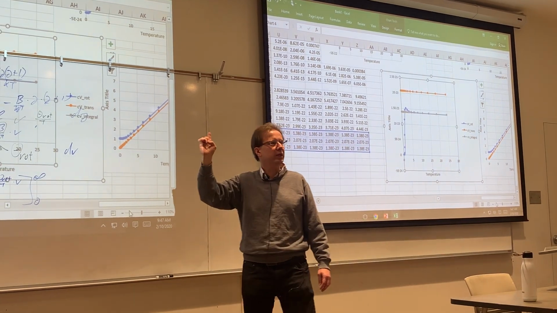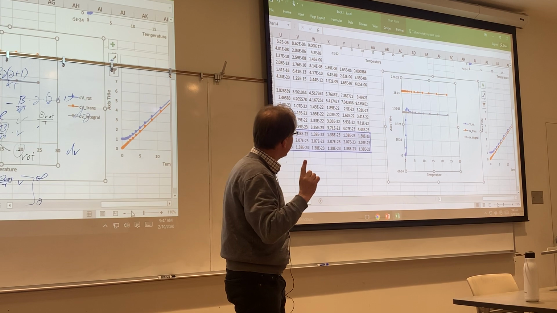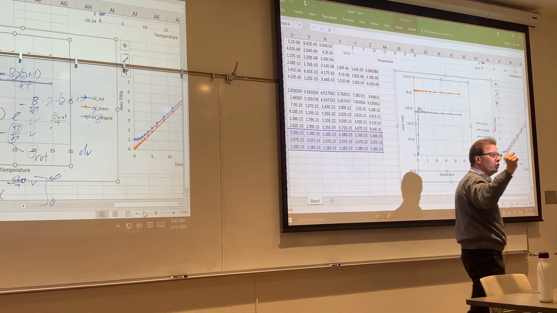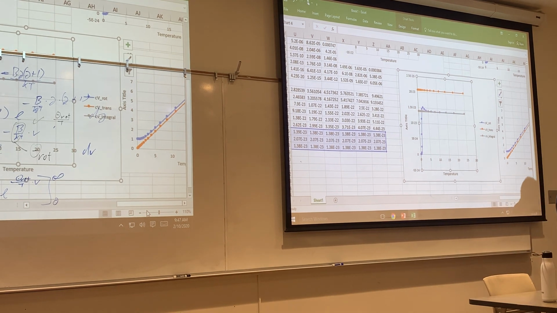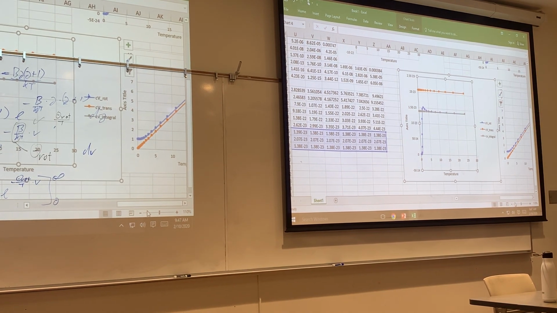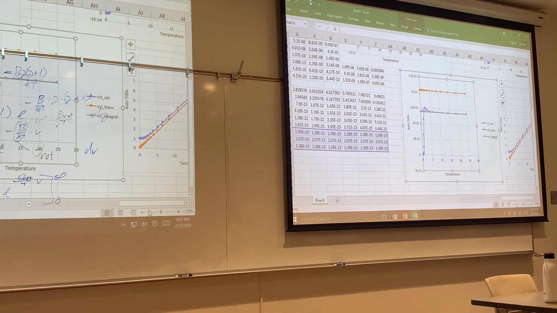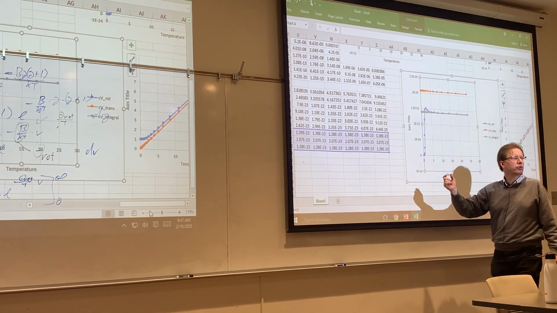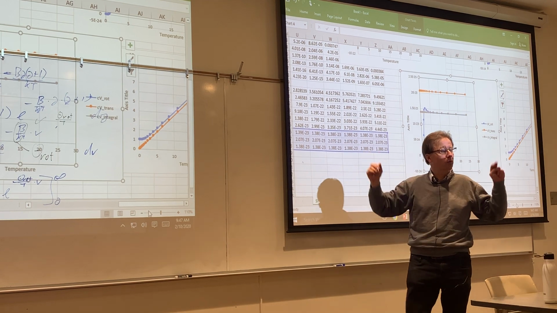Let me say one important thing still. Typically what you would do is measure the bond length of carbon monoxide by means of X-ray diffraction. That way you can figure it out right away.